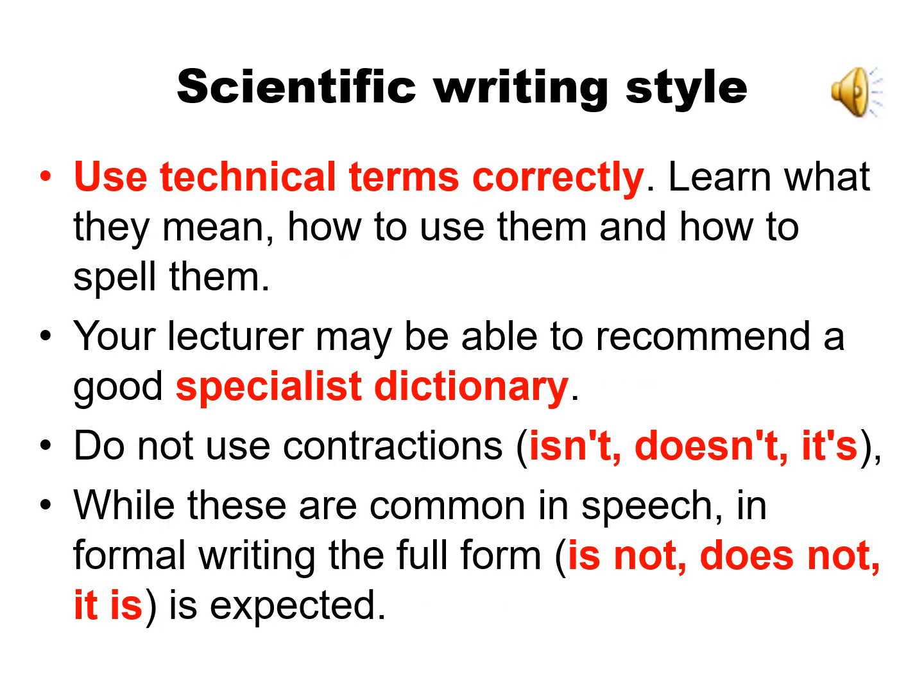In technical writing styles, you may use technical terms correctly, and you may be assisted with a specialized dictionary. Also, do not use contractions such as isn't, doesn't, it's. It is better to use the full form: is not, does not, it is.